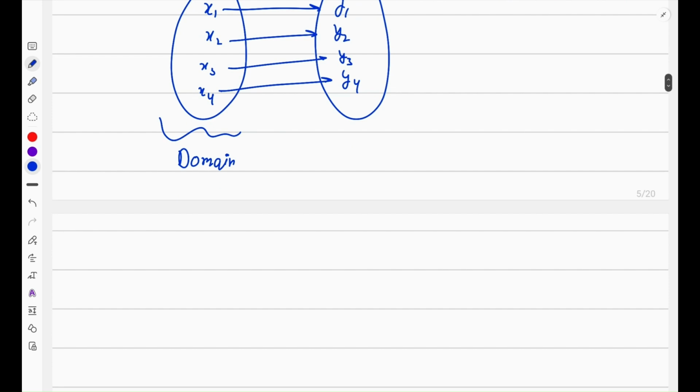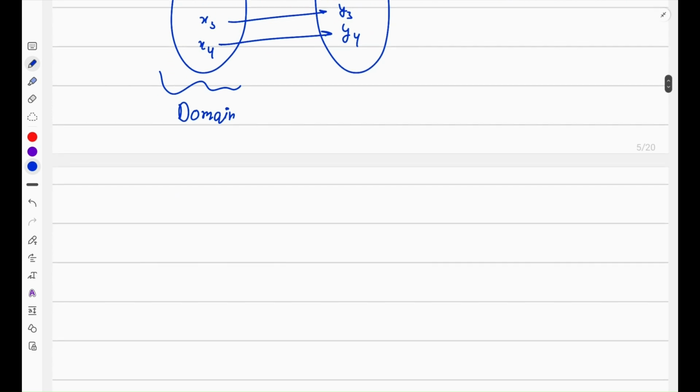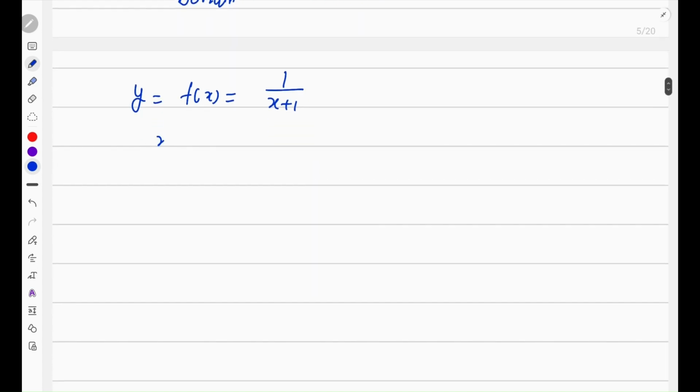If we take an example, like y equal to f(x) equal to 1 over (x plus 1). This function can take all the values, but x can take all real values except where 1 over 0 is not defined.